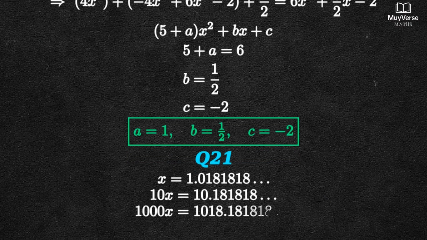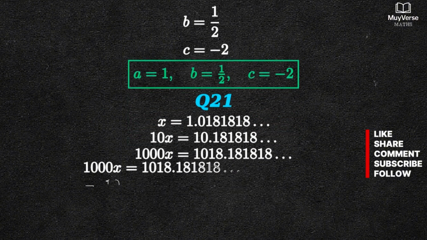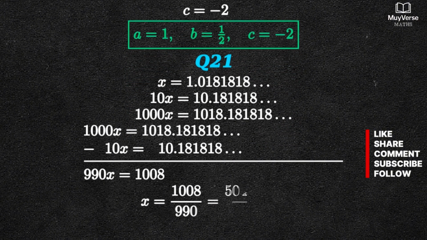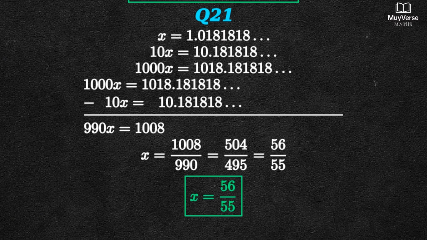Multiply the original by 1000 to shift one full block 18. 1000x equals 1018.1818 repeating. Subtract the equations to cancel the repeating part, solve for x, and simplify the fraction fully. Hence x equals 56 over 55.